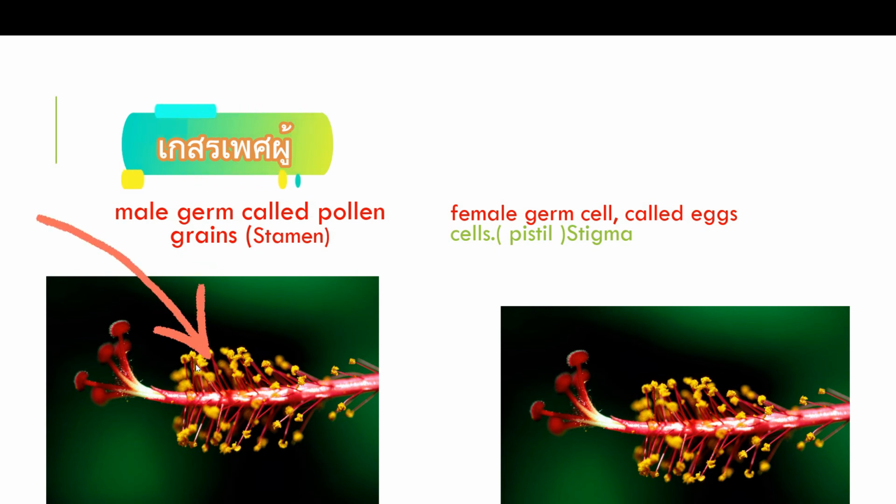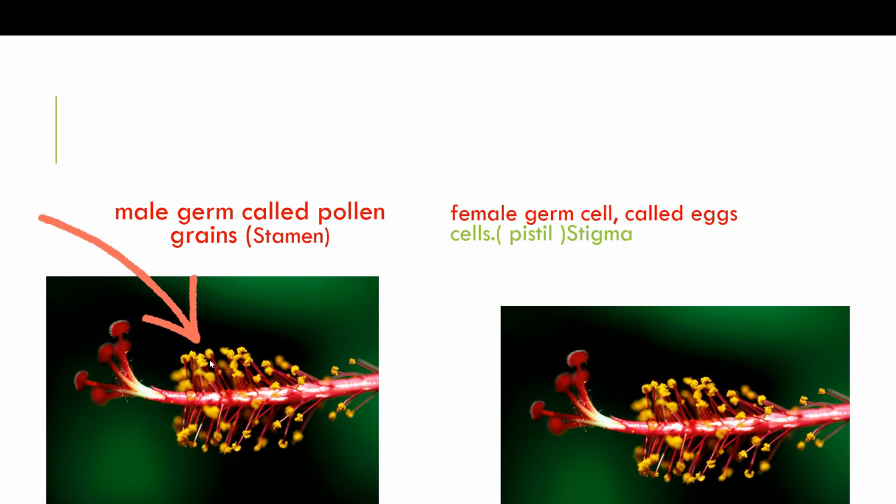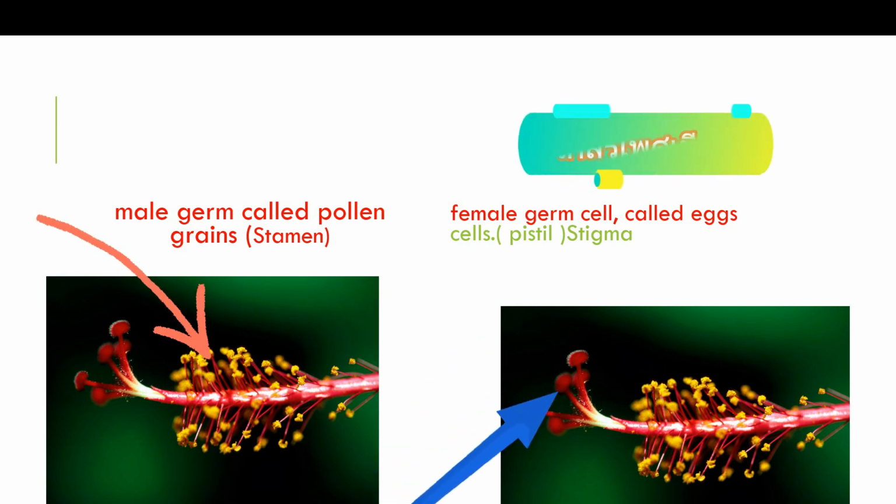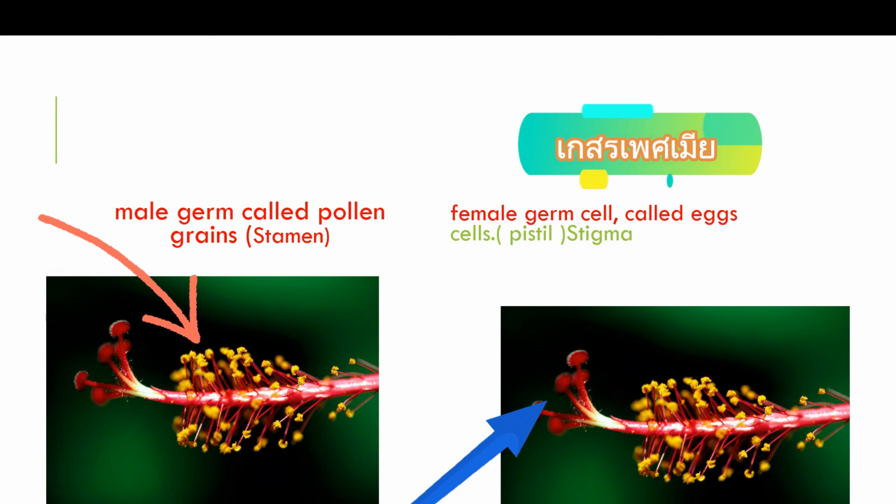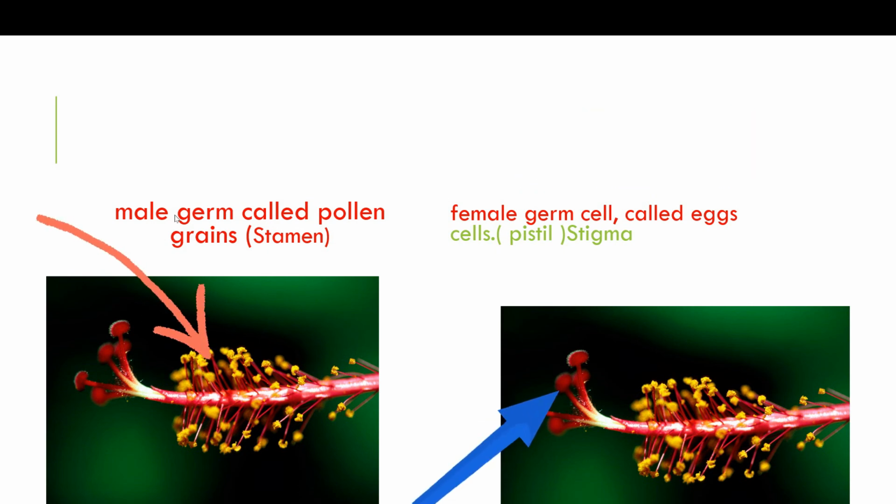So this is the stamen of the flower, the male part of the flower. And we also have the pistil, or the stigma, the female part of the flower. This is the male part, the stamen, and this one is the pistil, the female part of the flower.